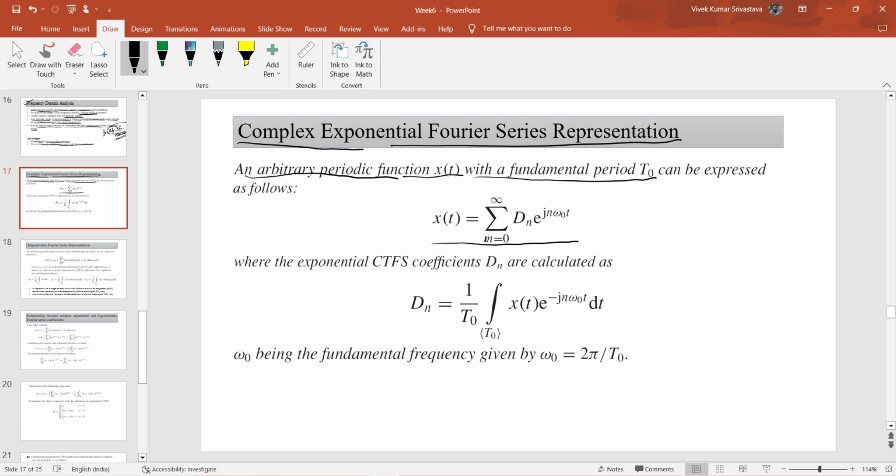That's how we can represent any signal as a combination of complex exponentials.